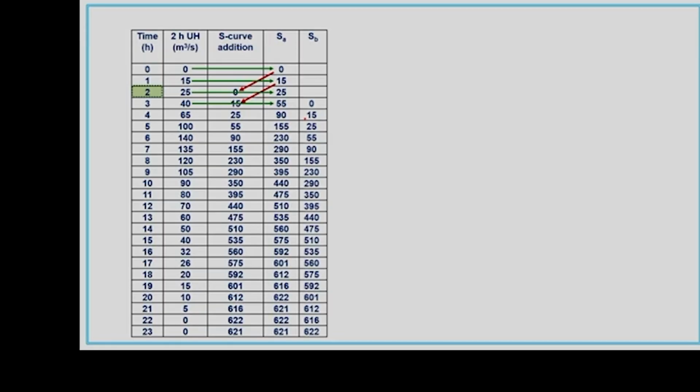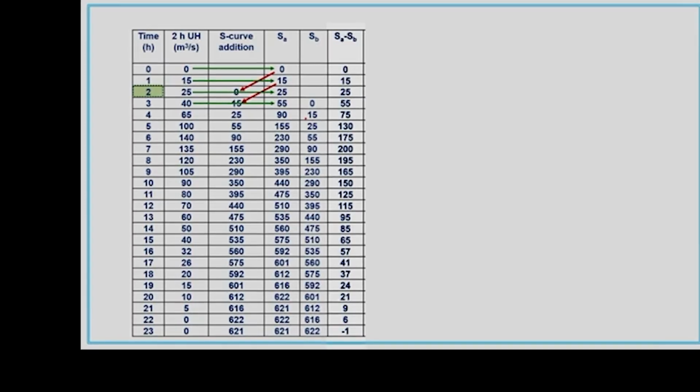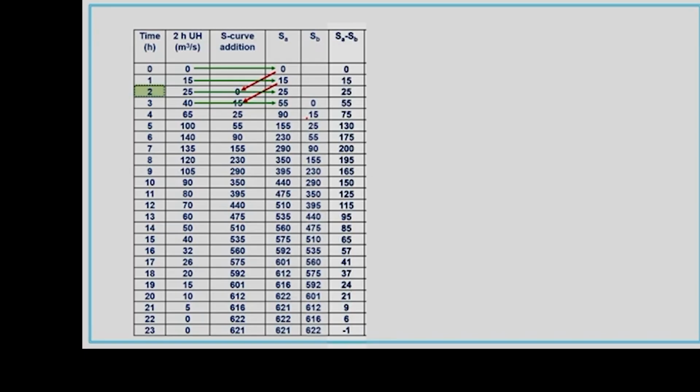Now, the next step is to find the difference between SA and SB. The difference between SA and SB can be found in this particular column. What is this difference? This difference gives us the direct runoff hydrograph corresponding to an effective rainfall for a duration of T hours.